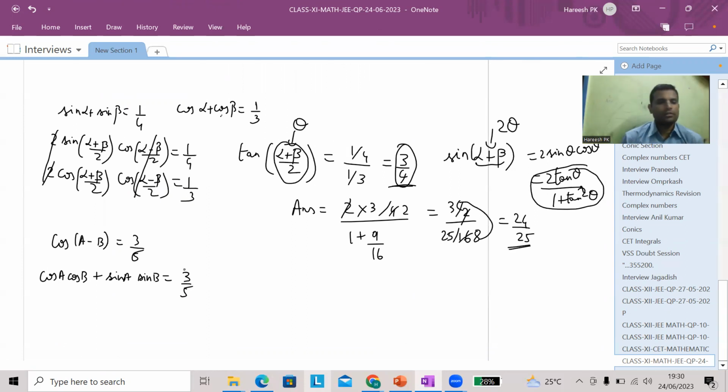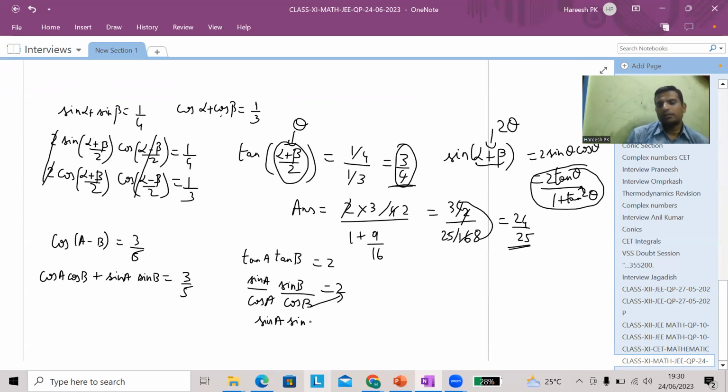This is the first one. Then they have given tan a into tan b is 2. Now tan can be written as sin by cos. So now if I transfer this here, I'll end up getting sin a sin b equals 2 cos a cos b.